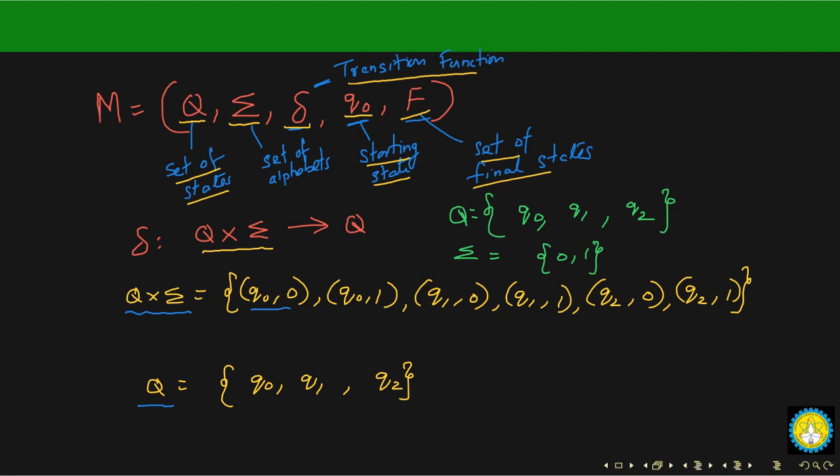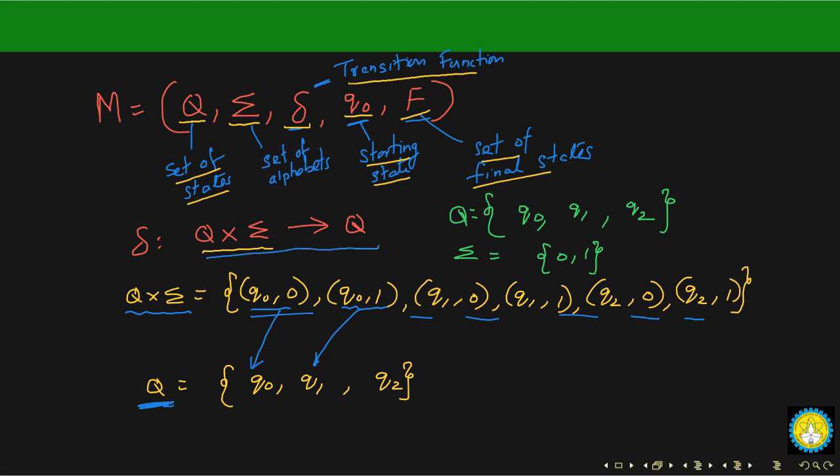That means if you look at Q0, 0, suppose it is mapped to Q0. Now it should not have another mapping. Similarly, suppose Q0, 1 is mapped to Q1, then there should not be any other mapping for that particular item in Q cross sigma. So all the entries that you see in Q cross sigma should only have one mapping to the set Q. That's the meaning of a function.